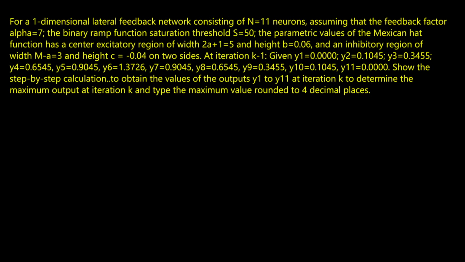We got a from 2a plus 1, where the coefficient in front is a, and they have also mentioned that the inhibitory region is 3, so the excitatory region is going to be 2. Okay, total is 5, inhibitory region is 3, and the excitatory region is the a value, that is 2.